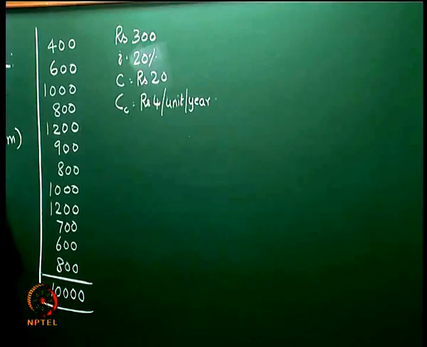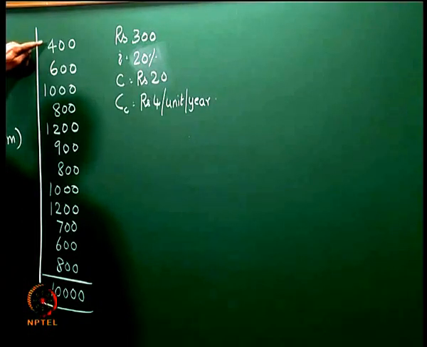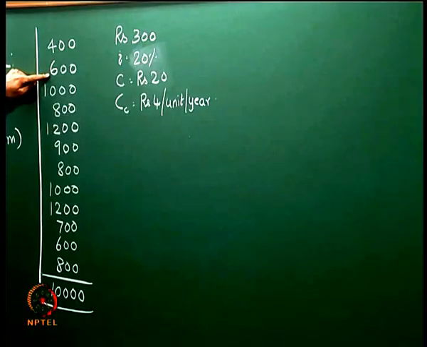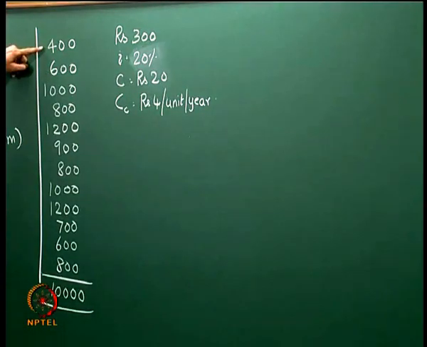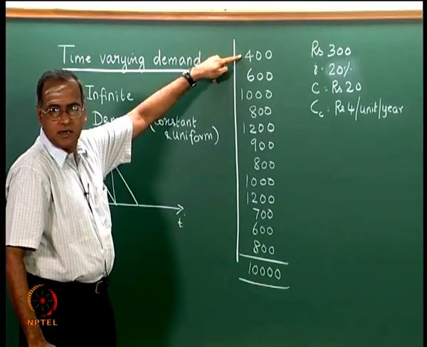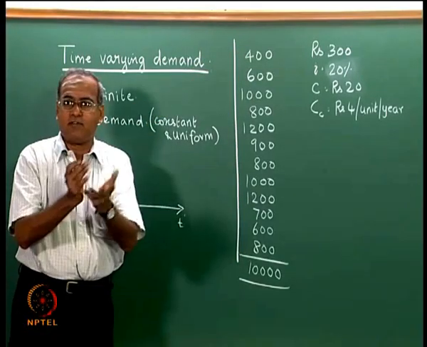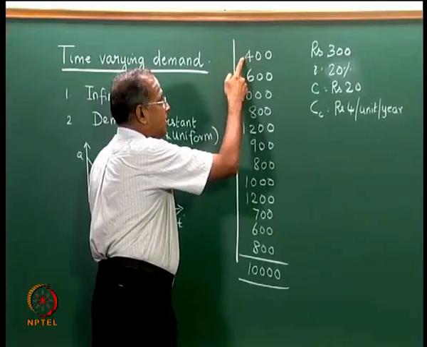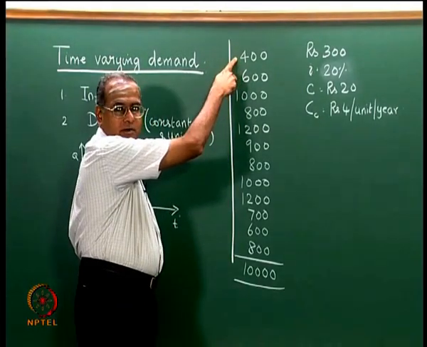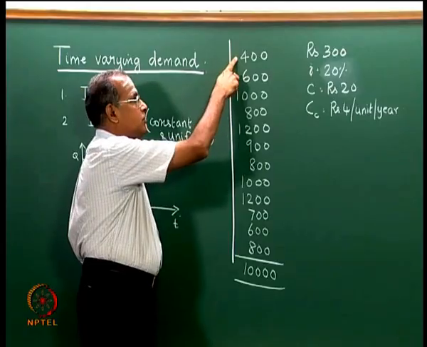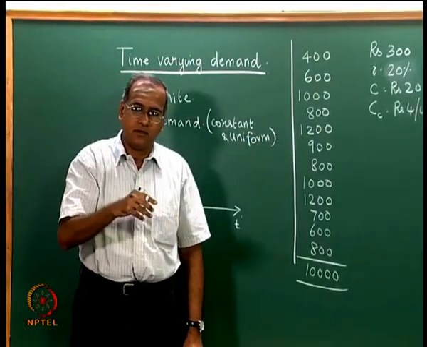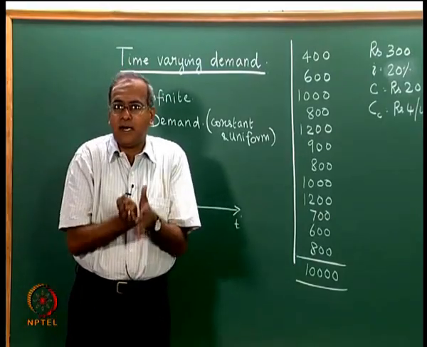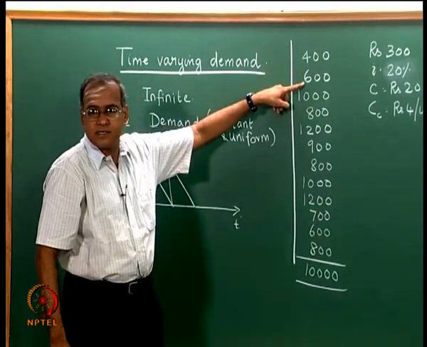One of the ways of solving this problem is by using integer programming, and the motivation for that comes as follows. If we take this month's period and the next month's period, we could either order 400 which would meet the demand of this period. Let us say we order 500. Then we order once here for 500, out of which 400 is consumed at the end of the month, and there is 100 remaining at the beginning of the next month to meet this 600.